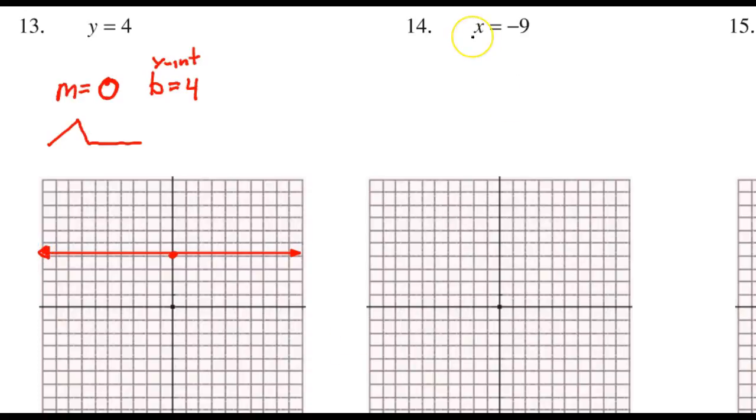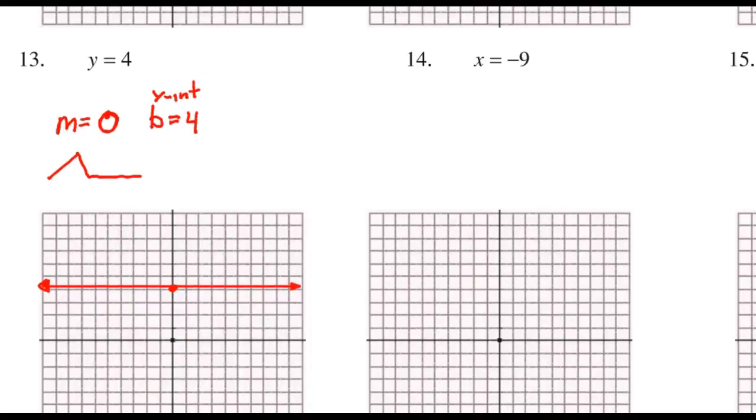And then what about number 14, the x equals -9? So a lot of people, you immediately went to the y-intercept out of habit, but this one says x equals, so you have to go to the x-axis. If it has x equals, you have to go to the x-axis. So -9 is right here.